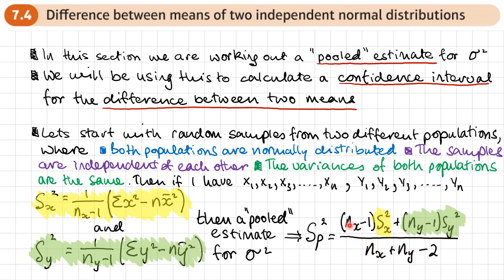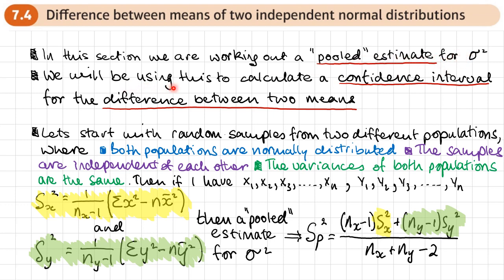That's basically the same as n sub x minus 1 plus n sub y minus 1. We put it together and we get this at the bottom here. So we've looked at how to work out this pooled estimate for the variance.